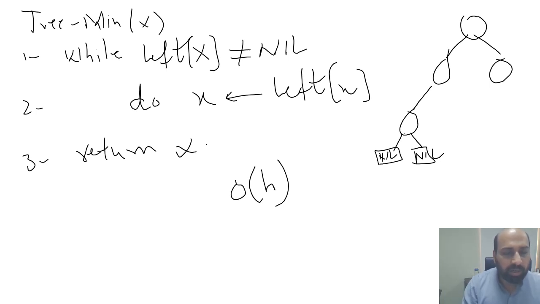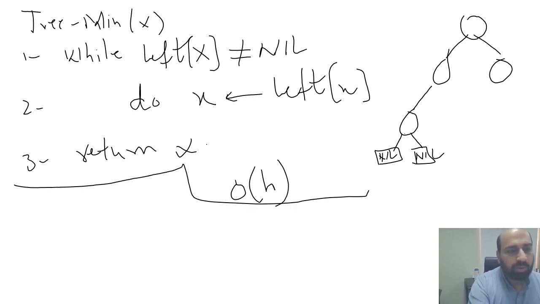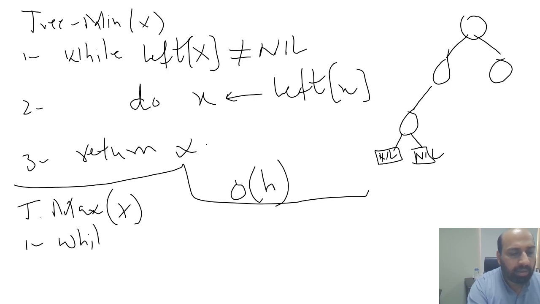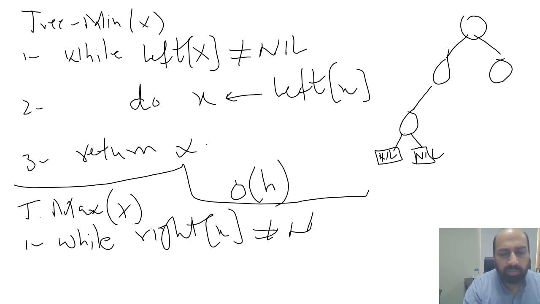So what will you do? Obviously, you simply replace the left with the right. Let me write it over here. For tree maximum value on root x, while right of x is not equal to nil, keep doing this, right?